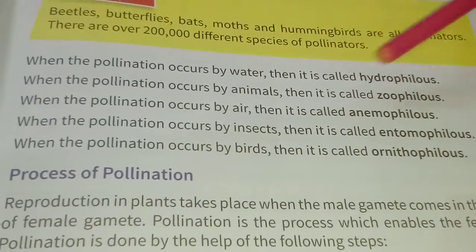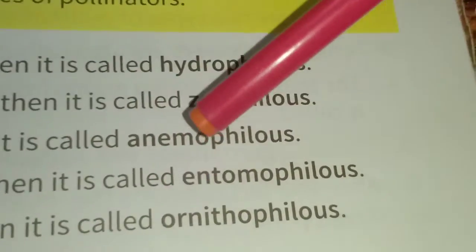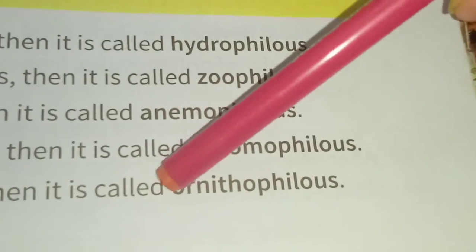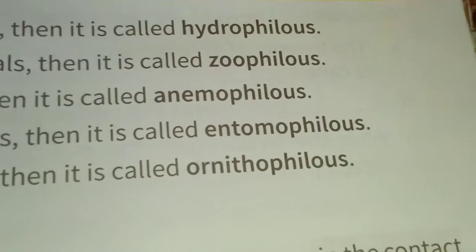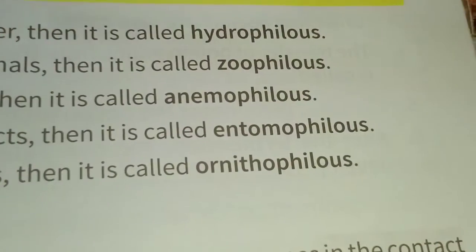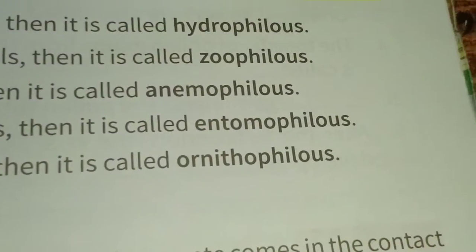Okay? So, hydrophilous, zoophilous, anemophilous, entomophilous and ornithophilous are the names of the different types of pollination by water, animals, air, insects and birds.